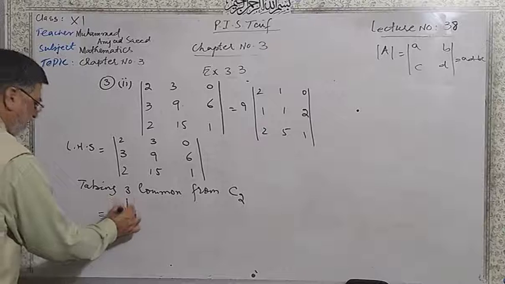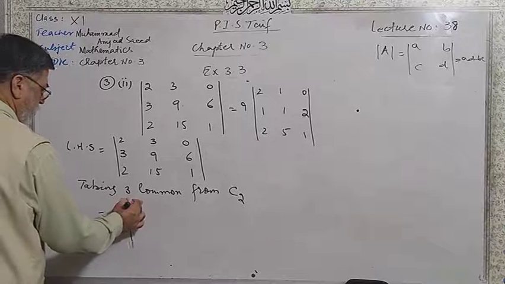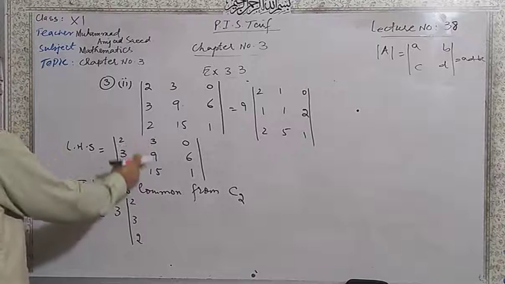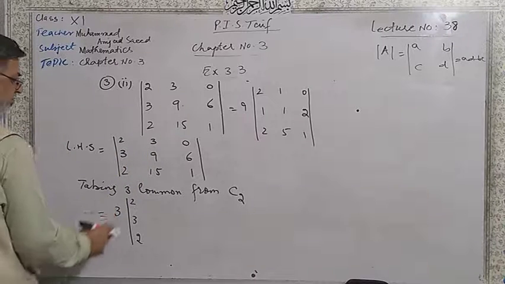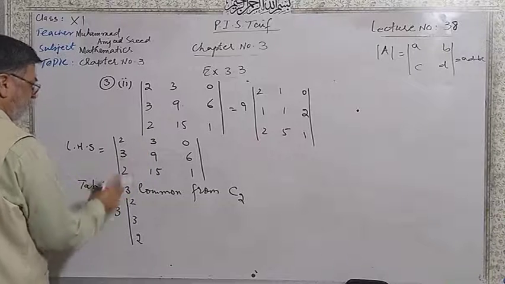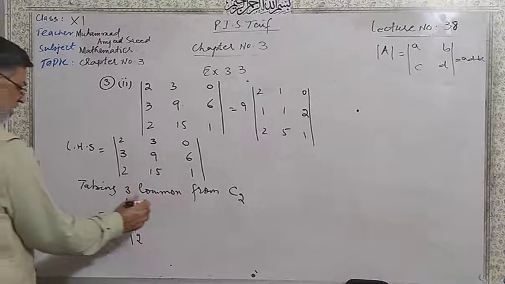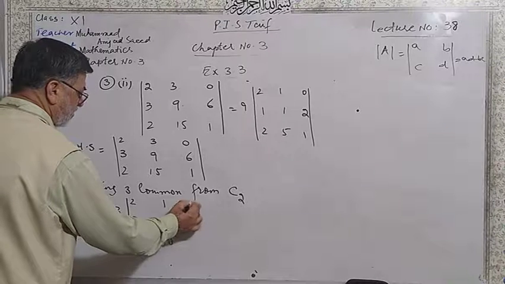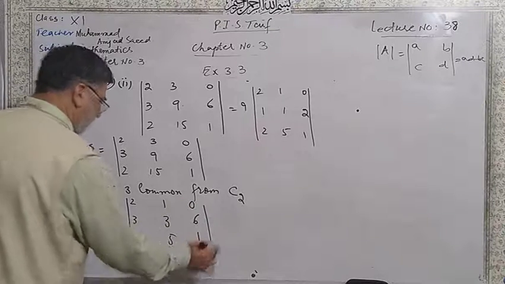You will write down 3 into 2, 3, 2 and divide this C2 by 3. You are taking 3 common, definitely you will divide this column number 2 by 3. 1, 3 and 5. 0, 6 and 1.